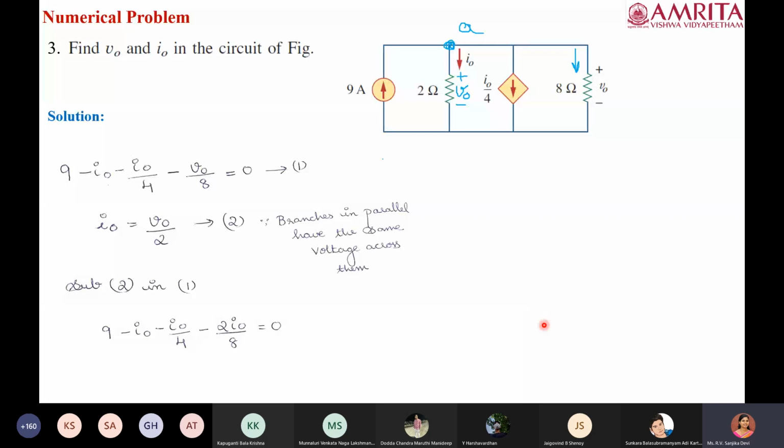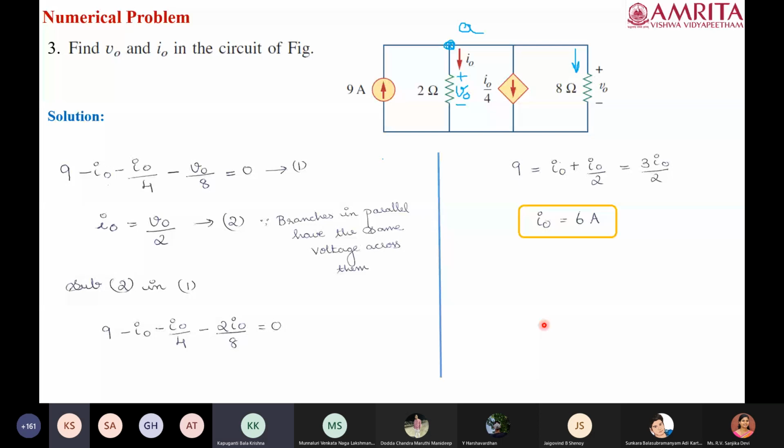If you solve this equation, we get the value of I0. I0 is 6 amps. So if I0 is 6 amps, what is V0? 12 volts. V0 will be 12 volts.